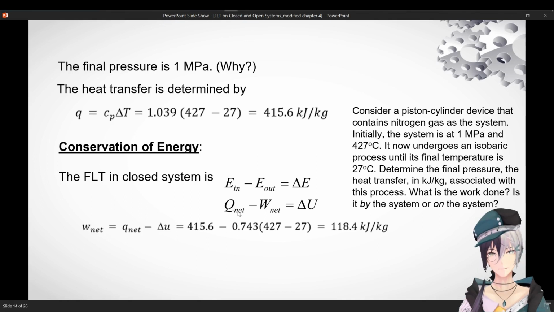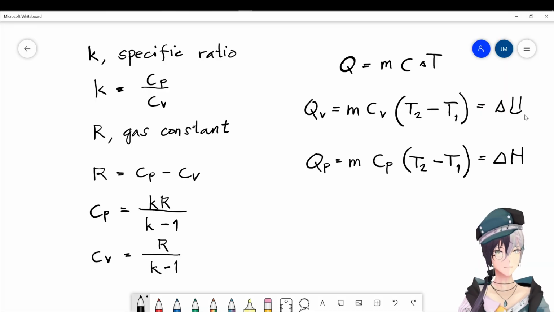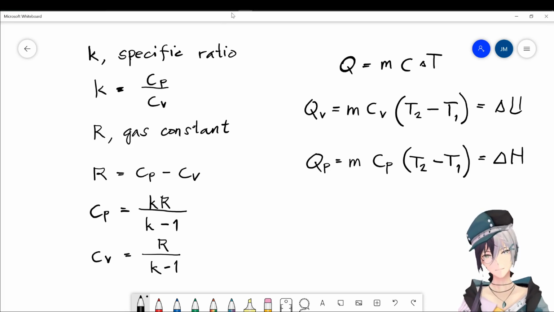So solving for this one, Q net is this value, and then delta U. I already told you earlier, delta U is this formula, with the specific heat at constant volume.